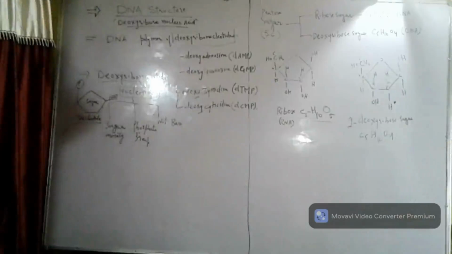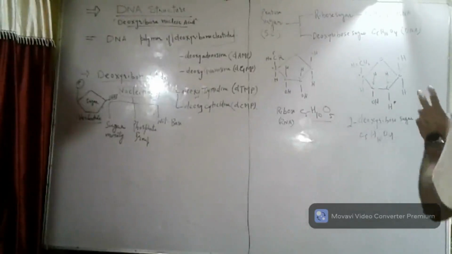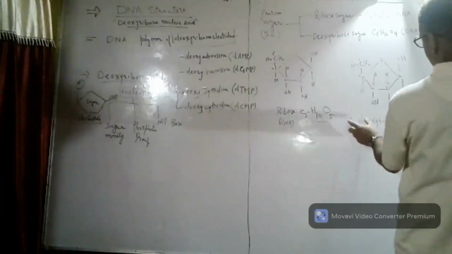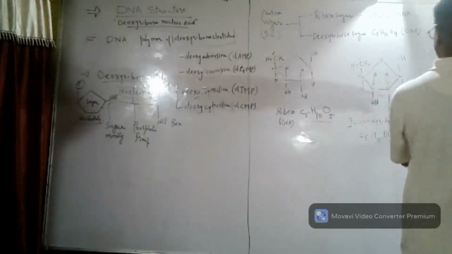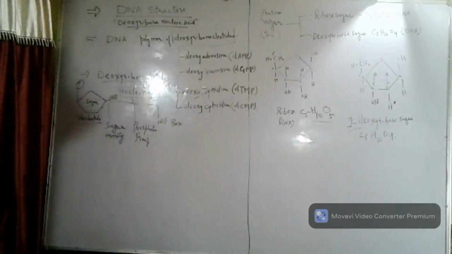So this is called as deoxyribose sugar. Actually it is 2-deoxyribose sugar because of the fact that the oxygen which is present at the carbon second has been removed. So it is called 2-deoxy. That means oxygen present at the carbon second has been removed in case of deoxyribose sugar.